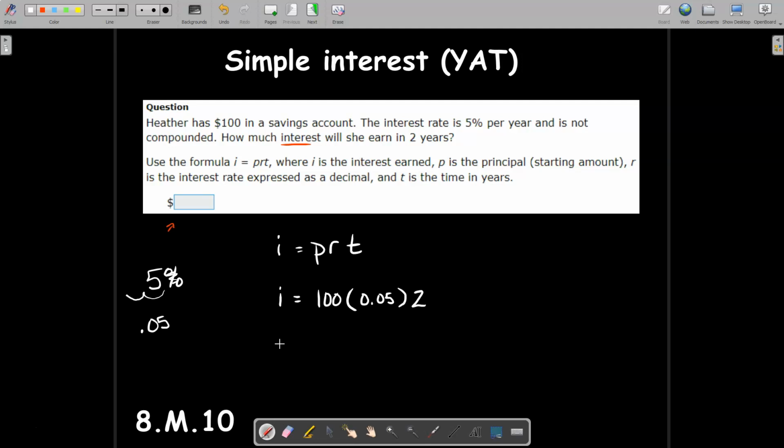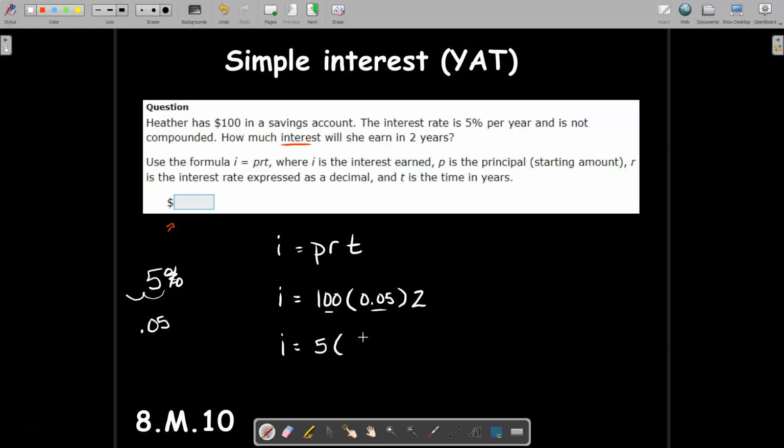So if I want to find out what the interest is equal to, I'm going to go ahead and multiply 100 times the 0.05. If I did that, that would just move the decimal over 2 more places. Well, let's just do this part first. Let's just do the 100 times the 0.05. Now you can use a calculator to check my work if you'd like, but 100 times 0.05 is going to be 5.